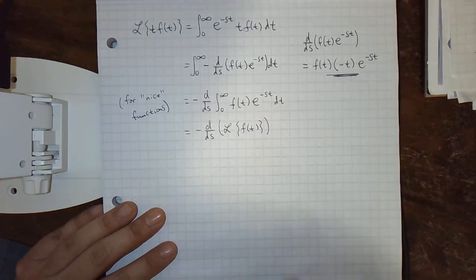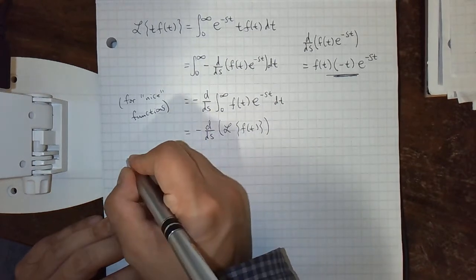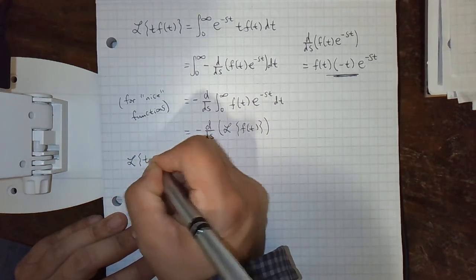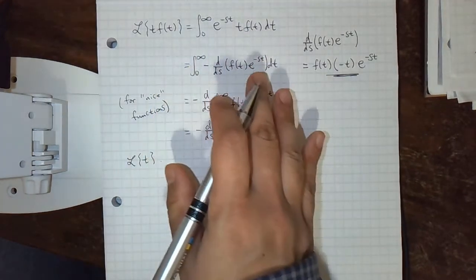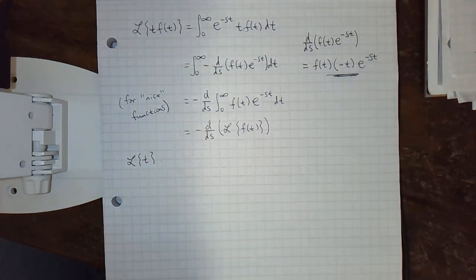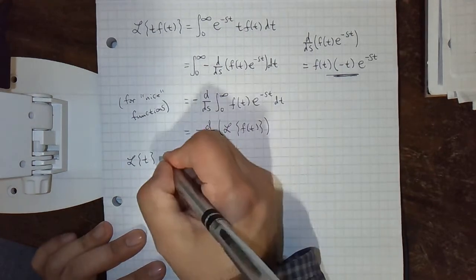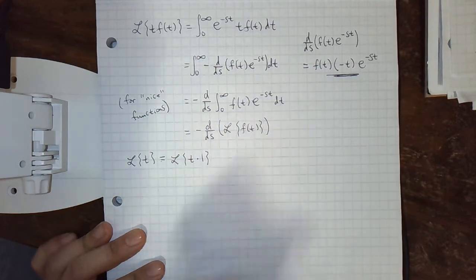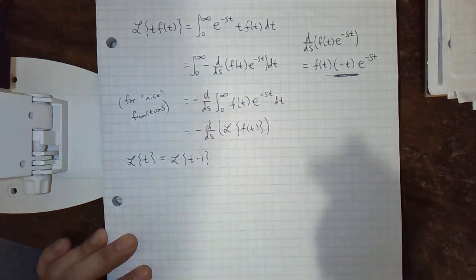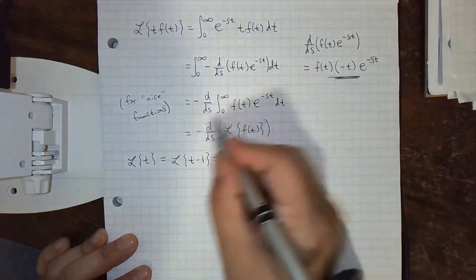Weird. Okay, what does that mean? How do we apply that? Well, this actually allows us to calculate the Laplace transform of t, which we could do with the definition. We would need an integration by parts, but maybe we're tired of doing that, so let's make as few integrations by parts as possible. We can think of t as t times 1, so f of t is going to be 1, and then we're just going to use this formula.